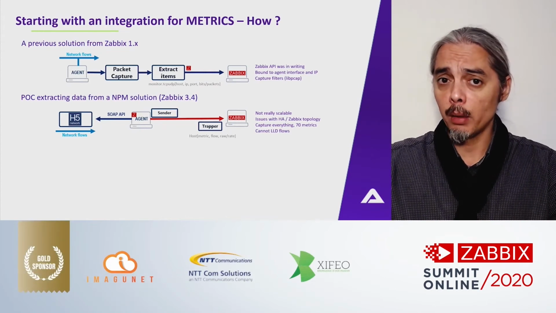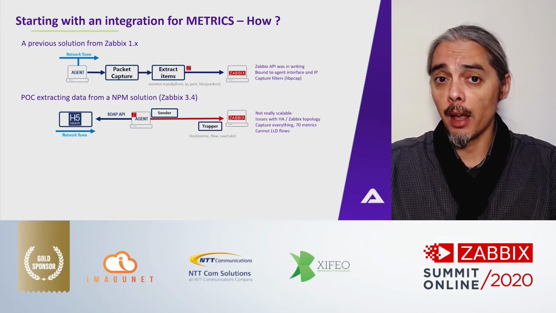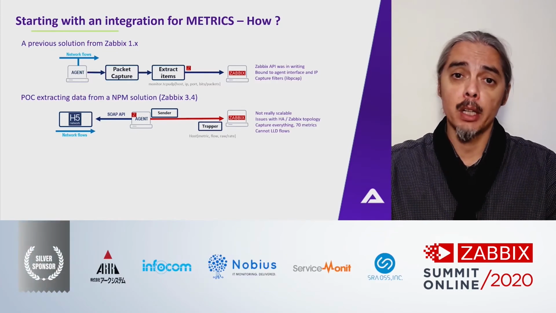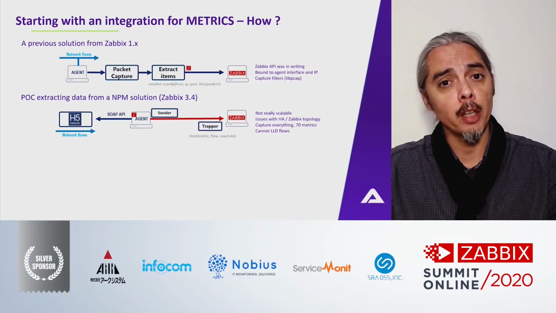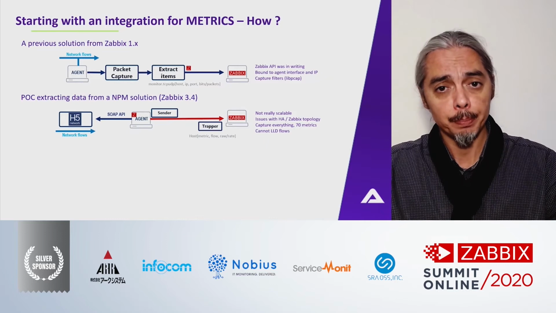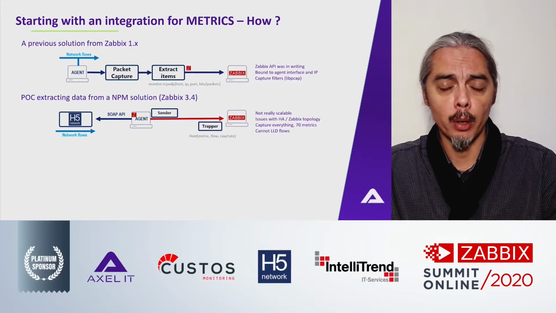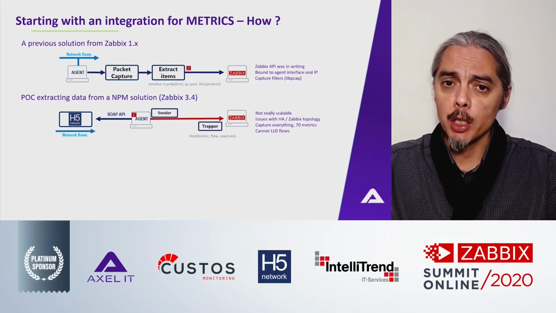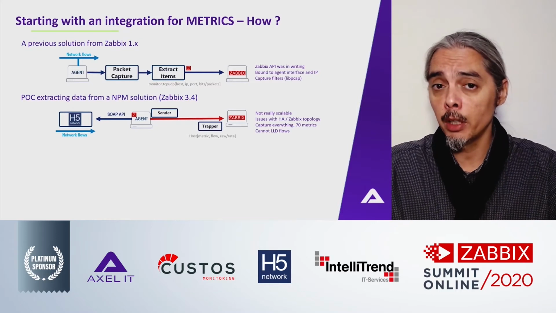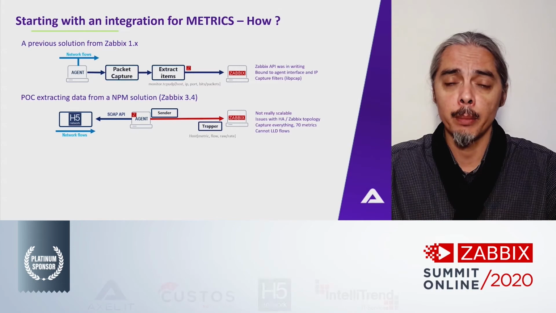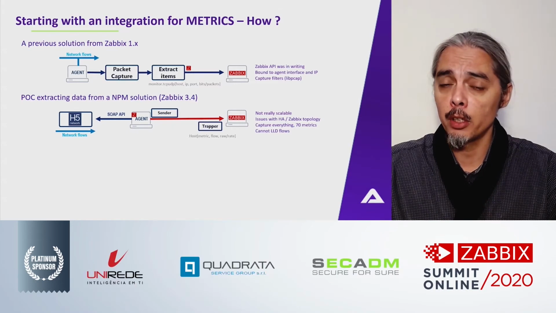We wanted to do that a little later, but at scale, meaning having gigabytes or tens of gigabytes of data fed into Zabbix. So we turned to our partner H5 Network. H5 will be giving a speech later this afternoon, so be sure to check them out if it is of interest to you.